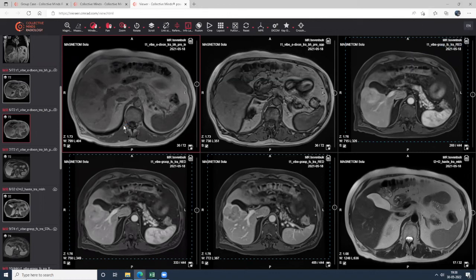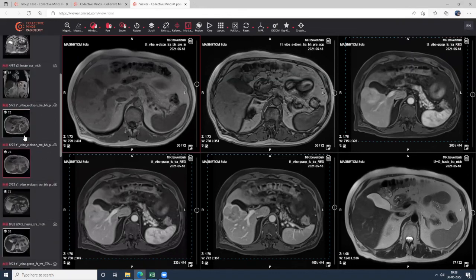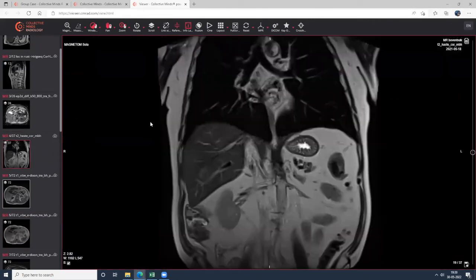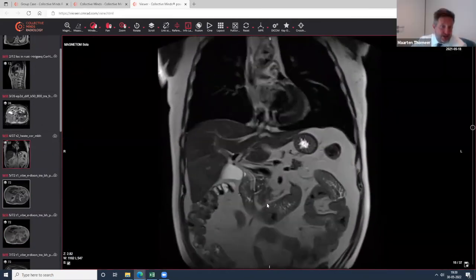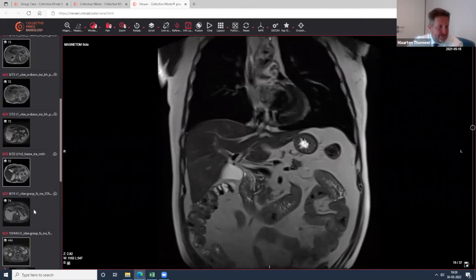One thing which was interesting for me in this case is if you take a look at the T2, and also on the coronal T2, you really have this nice T2 hyperintense central scar. Yes. But be aware, it doesn't enhance in the venous phase.